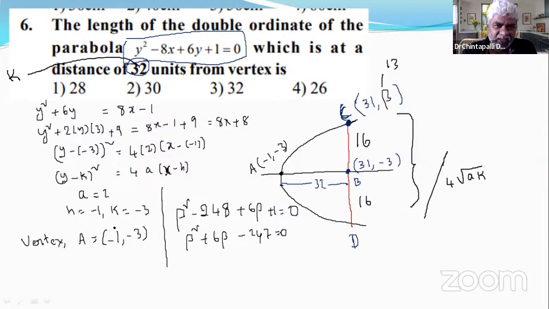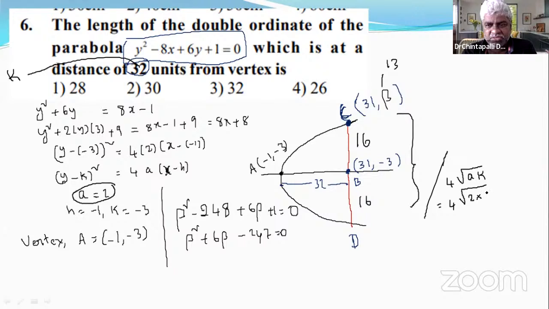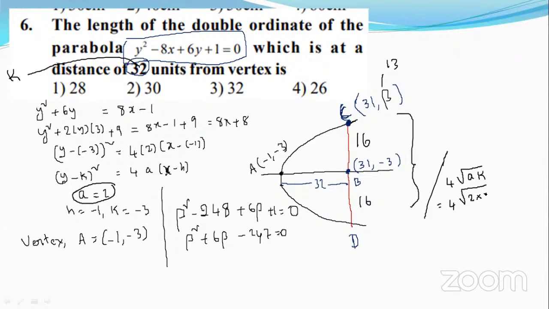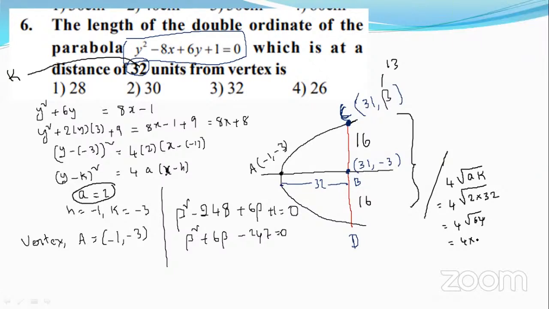We are well aware of a. So 4 times the square root of 2 times 32, which is 4 times 8, 32.